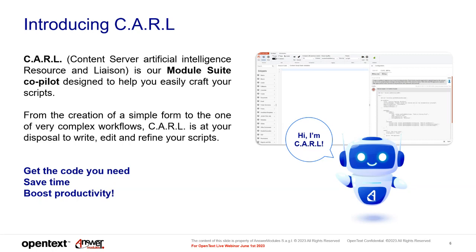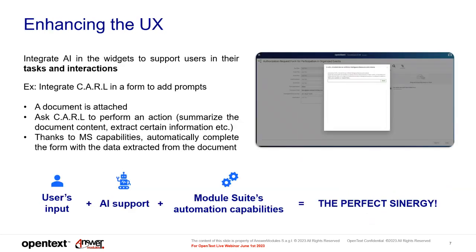But personally, as I'm in sales, so I'm more of a business user, where I see Carl really benefit an organization from a business perspective is definitely its ability to support, enhance and improve the overall user experience. So I can have Carl help me with my daily tasks or with the way that I interact with the system.